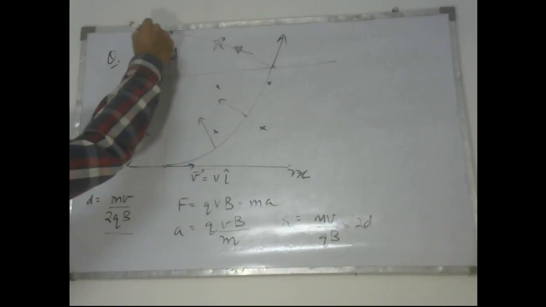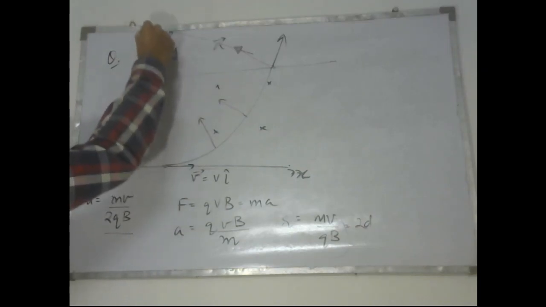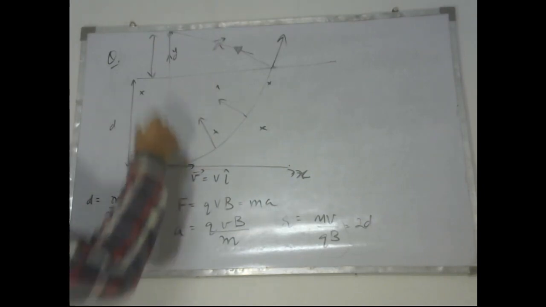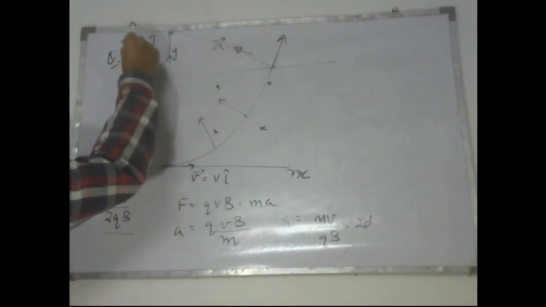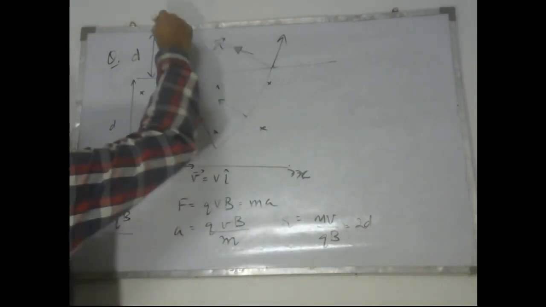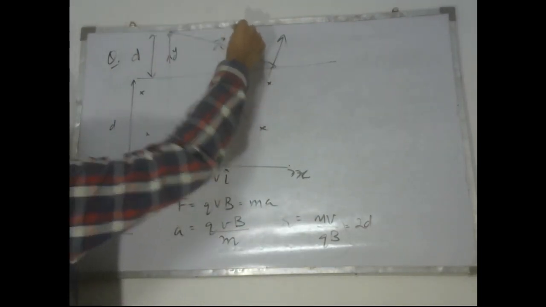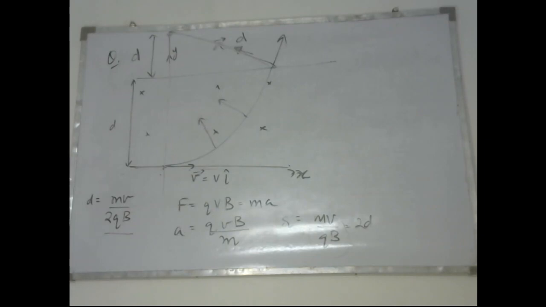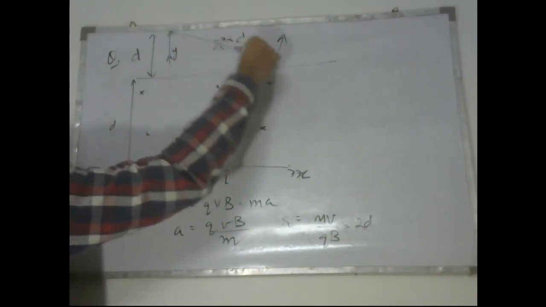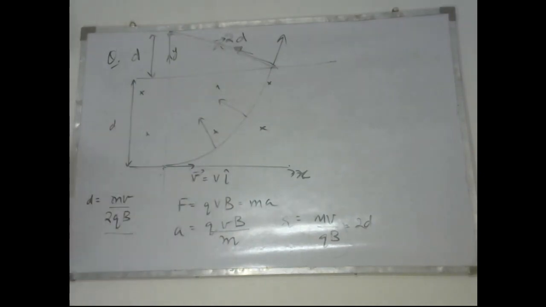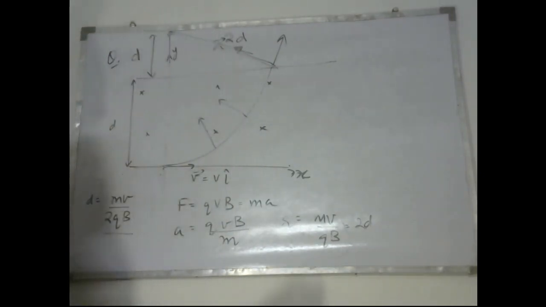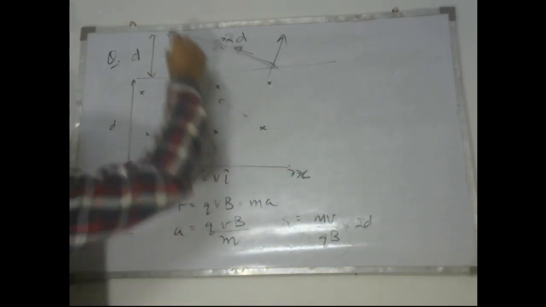That means the complete distance from the center of the circle to the circumference would be composed of 2d, because r is equal to 2d. I hope that particular thing is clear, that the radius of the circle is 2d. So this distance is 2d.